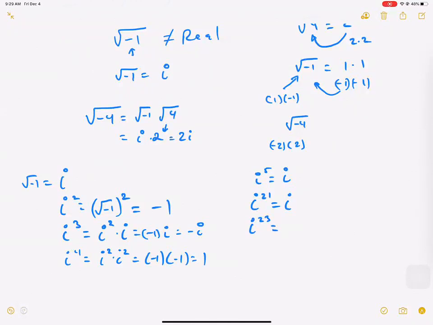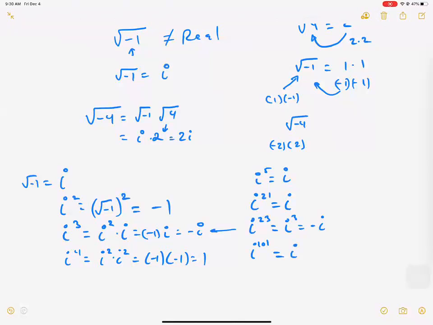If we divide 23 by 4, we have a remainder of 3, so we have i cubed left over, which simplifies to -i. Okay, and that comes out back right here. Our example, i to the 101, 101 Dalmatians here. Well, we could divide 101 by 4, remainder 1. So that's why it's just i.